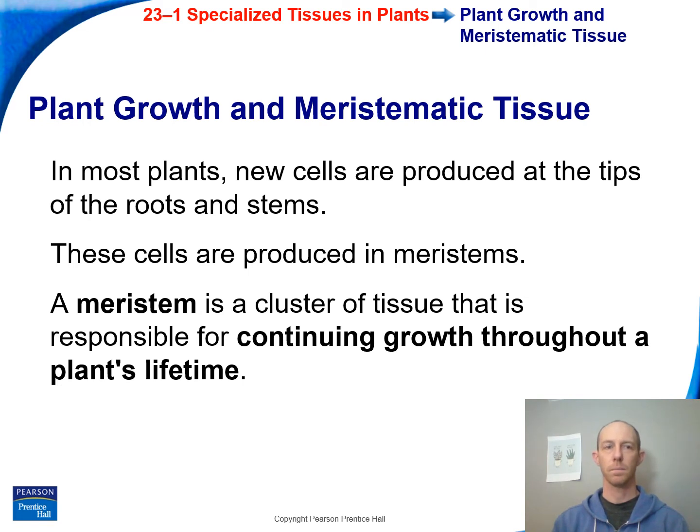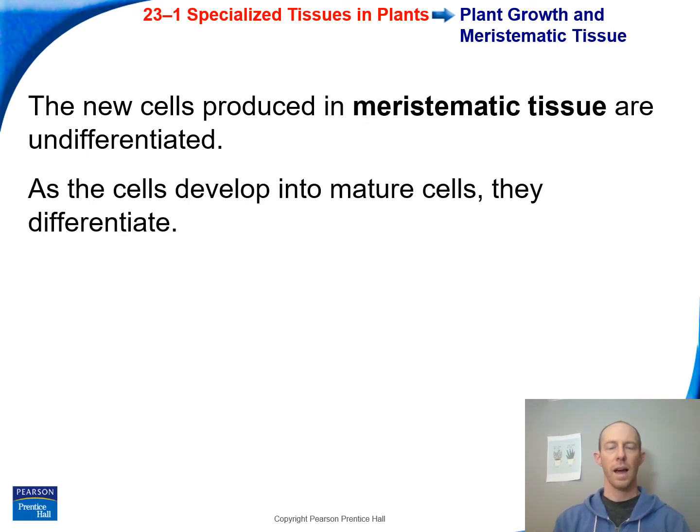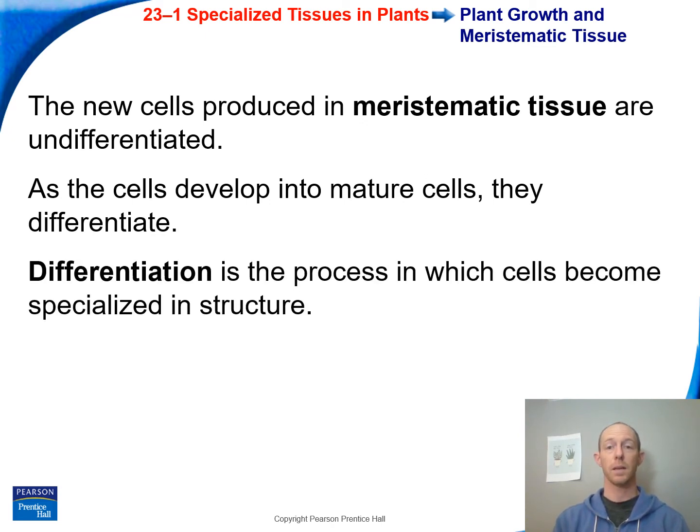So these new meristem cells that are made. Well, the meristem, if it's tissue of growth, the cells are not determined yet, which means they are described as undifferentiated. As the cells become mature, as they age, they differentiate, they become specialized. So number 16 says, what's differentiation? It is as cells become specialized.